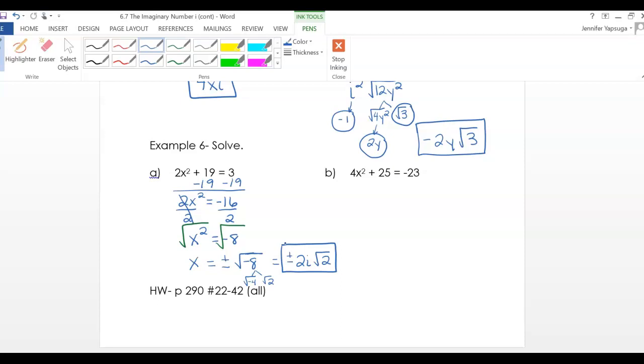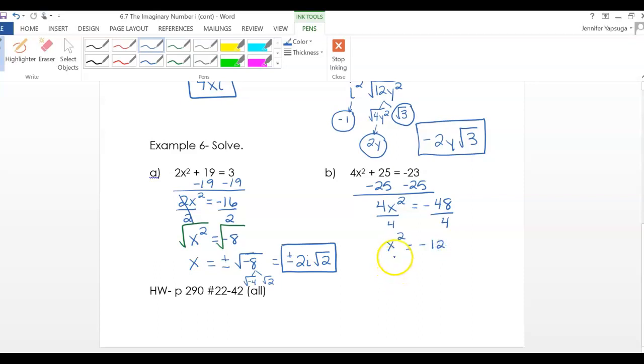Okay, so let's go ahead and work through this problem together. Alright, so we're going to subtract 25 from both sides. So you get 4x squared equals negative 48. Divide both sides by 4, and you get x squared equals negative 12.